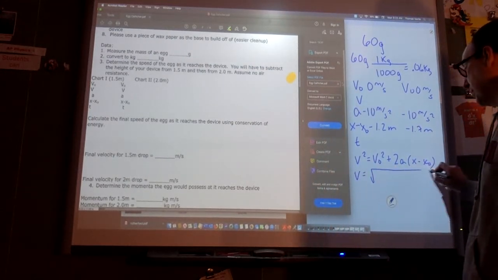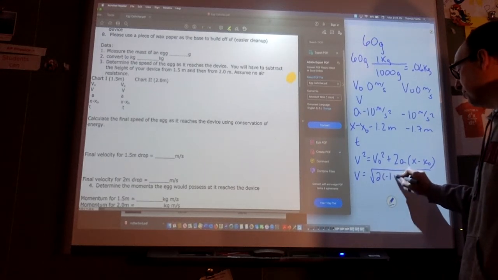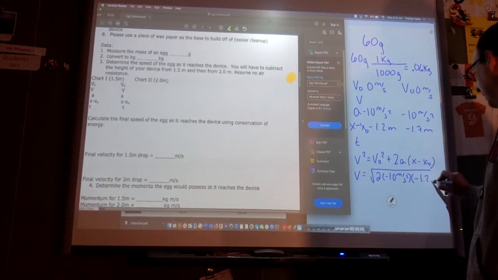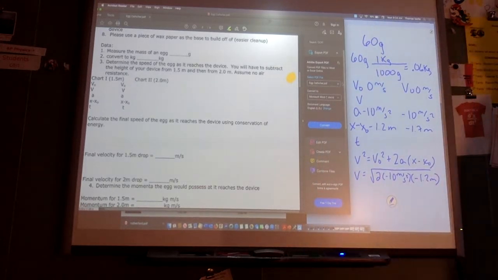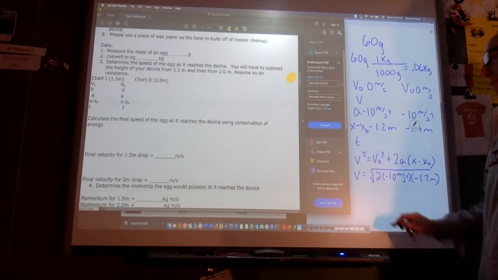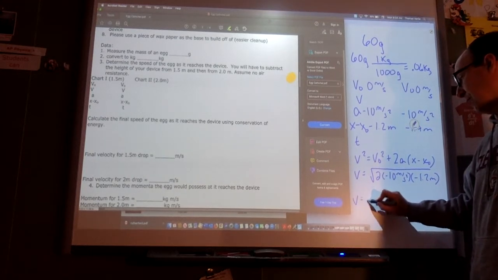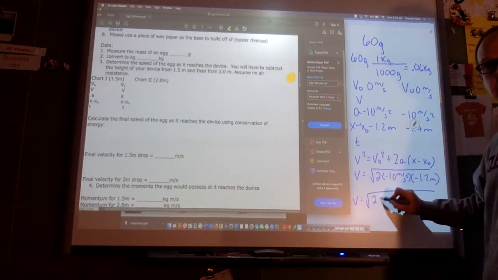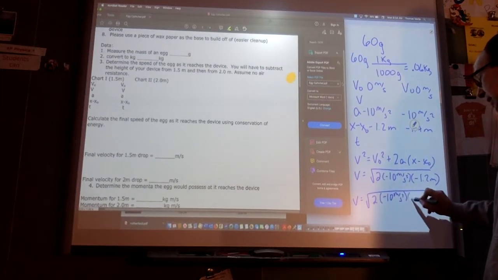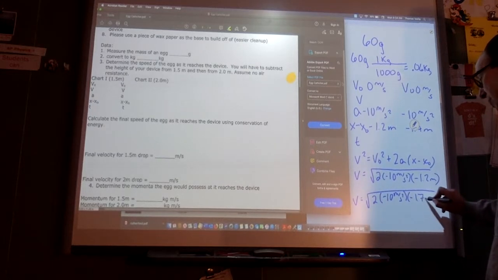So v is going to be equal to the square root of 2 times -10 times -1.2. And for my other chart, it's going to be the square root of 2 times -10 times -1.7.